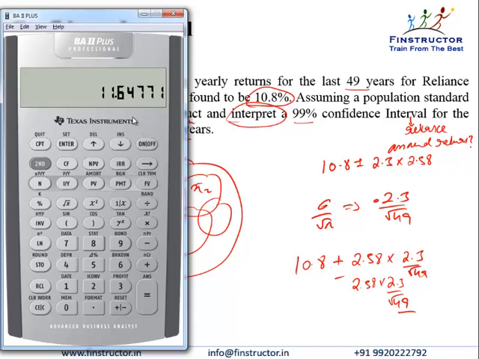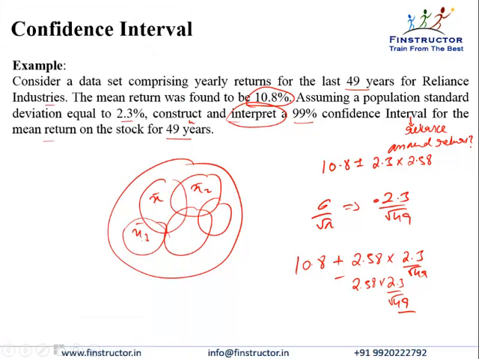That is the mean of another sample. If I take the mean of another 49 years of returns, then that mean is expected to be in this range 99% of the times. Once again, if the question didn't ask us for the mean return on 49 years, if the question simply asked us to construct the confidence interval for Reliance annual returns, then in any one year, the returns can be highly dispersed, right?